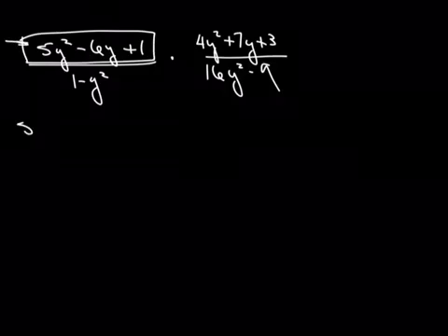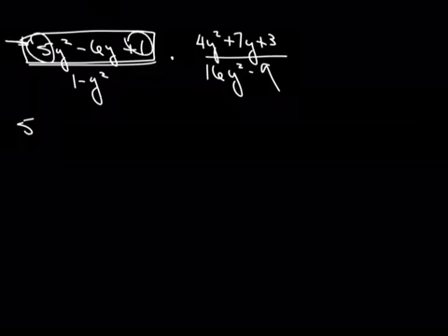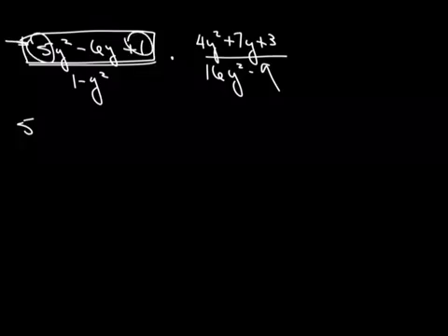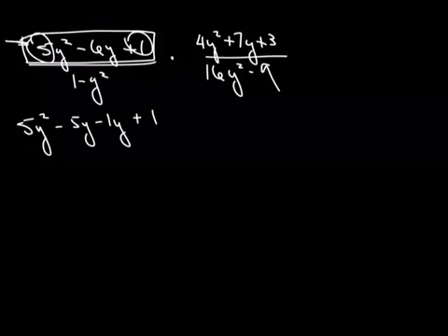So it's going to be a little bit of a process. Remember, 5 times 1 is 5. So we're finding two numbers multiplied to give us 5, added to give us a negative 6. So we end up with 5y squared minus 5y minus 1y plus 1.